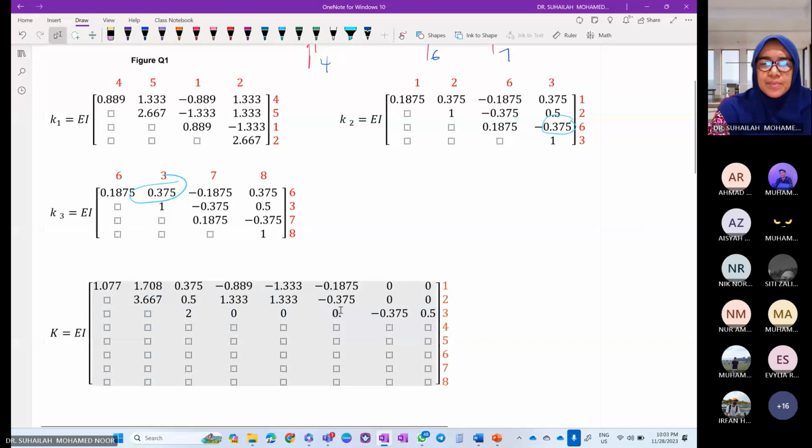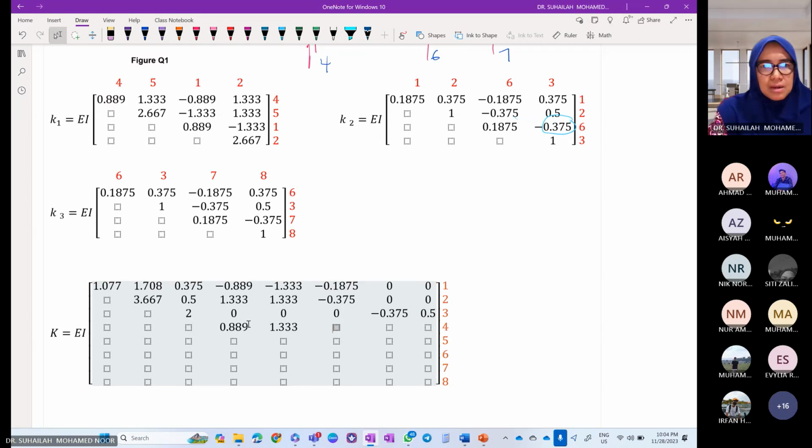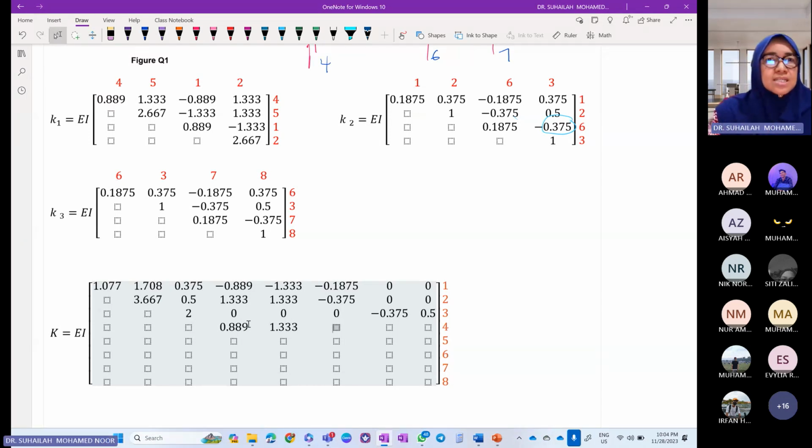Okay, next is 4,4. 4,4: 0.889. Next is 4,5: 1.333. 4,4, 4,5, 4,6: 0. 4,7: 0. 4,8: 0. Zero whenever you do not find the position in K1, K2, and K3.